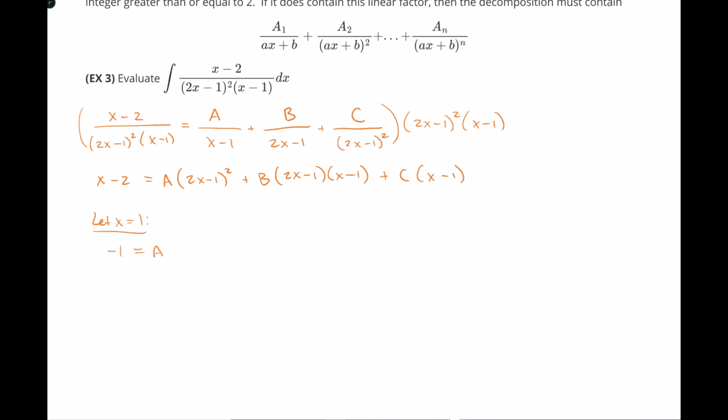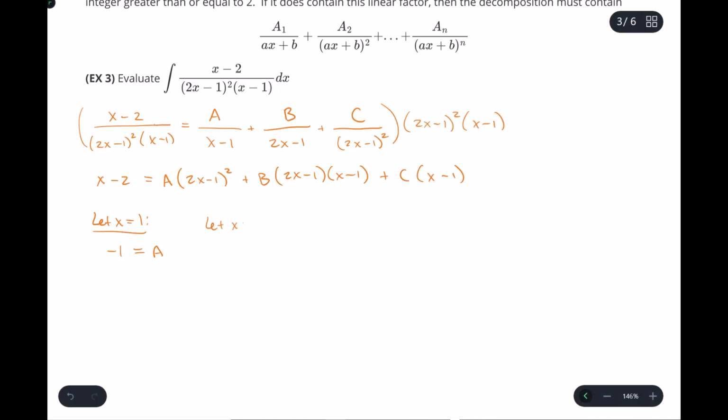So this would be 2 minus 1, that's 1. 1 squared is just 1. Okay, so that's just 1. Plus b times 2 times 1 minus 1 is 1. Well, this term actually goes to 0. Okay, that's great. And then this term, c times x minus 1, would go to 0 as well. So those terms both disappear. And very easily, very quickly, I learned that the coefficient a has to be negative 1.